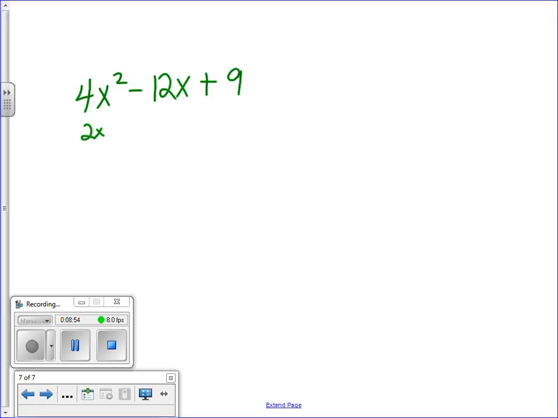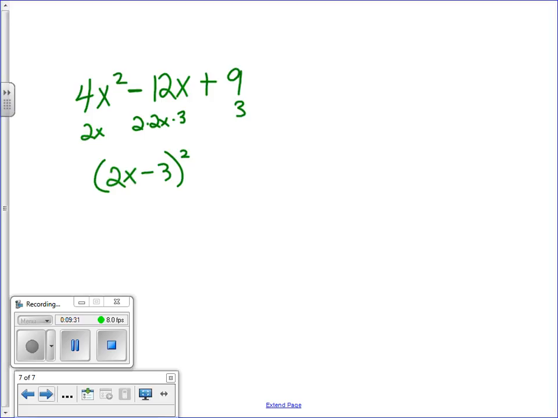What's the square root on this one? Alright, just check. What's 2 times 2x times 3? 12x. Okay, this is the perfect square trinomial. Now this one has a minus sign, so it's going to factor down to 2x minus 3 squared. If maybe you missed that, and you had to find two numbers that multiplied to give you 36 and added to give you negative 12, it's going to be negative 6 and negative 6. That should tell you, oh, it's a perfect square trinomial, and I didn't even notice, right?